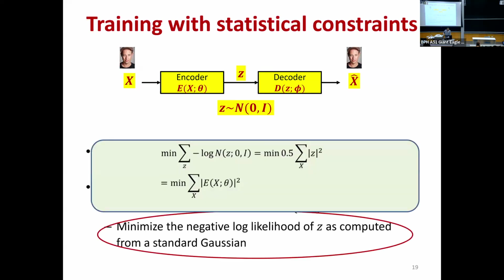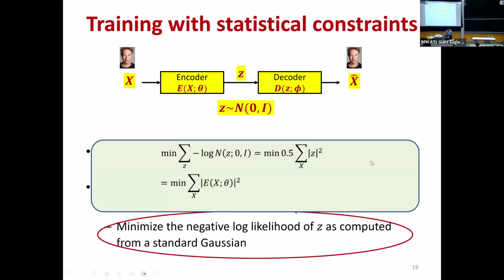We know that the negative log likelihood of z, we just saw this, has an additive constant, square root of 2 pi raised to d, but that doesn't really matter because that is a fixed term. So what we really want to do is minimize the squared norm of z.